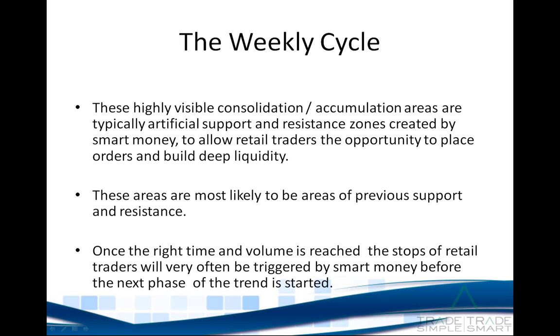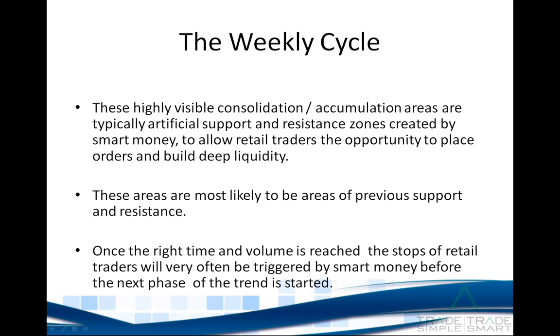So these highly visible consolidation / accumulation areas are typically artificial support and resistance zones created by smart money. Okay, so these levels of accumulation, as we have discussed before, are artificial support and resistance zones. And what they do is that they allow traders the opportunity to place orders either side of the zone and build deep liquidity.